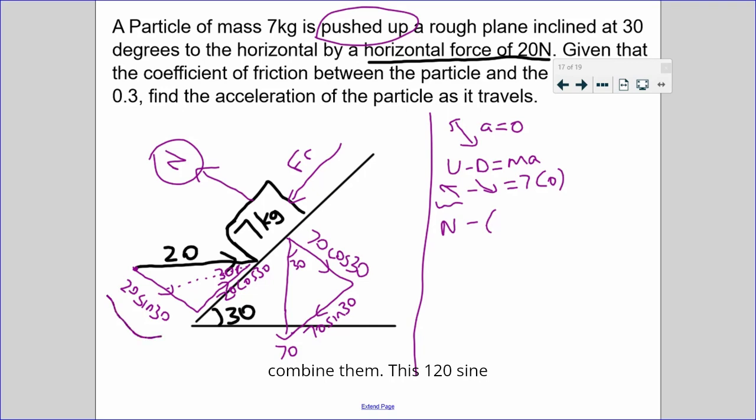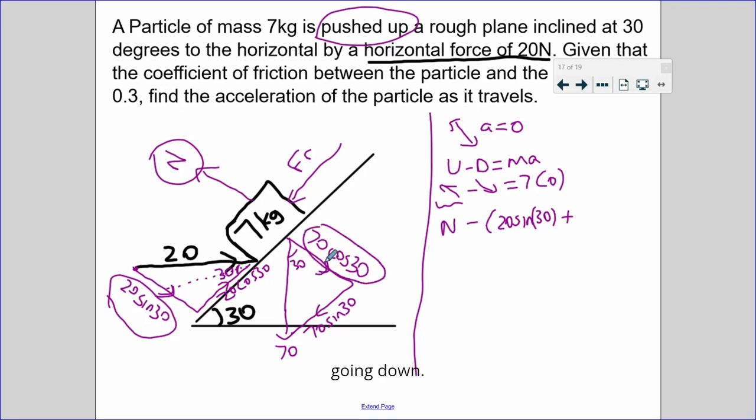Now, going down, we have two forces, so we will combine them. This one, 20 sine 30, you can see by the arrow, it's going down. So 20 sine 30. And we also have this weight component, 70 cos 30. This is also going down. Okay, and this is equal to 0 because 7 times 0 will give you 0.